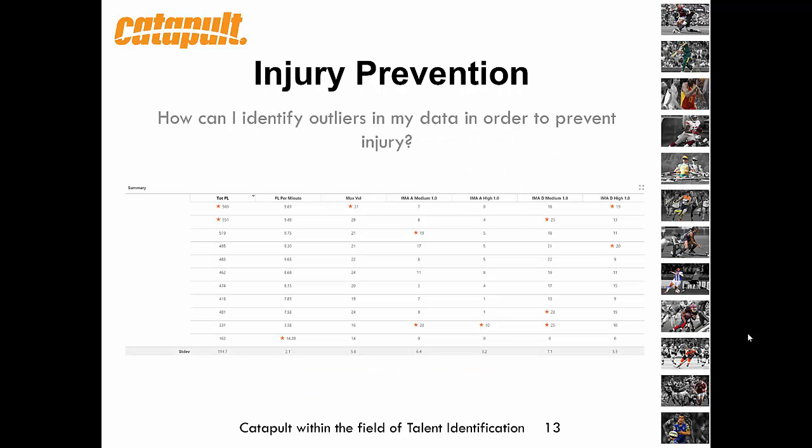So you can easily create in OpenField a table with the parameters that you want. In this case, we're looking at total player load per minute, maximum velocity, IMA accelerations, high, medium, and decelerations. So how can I identify outliers in my data in order to prevent injury?